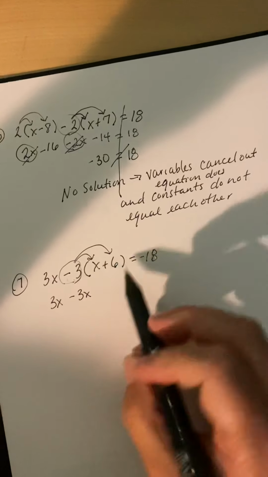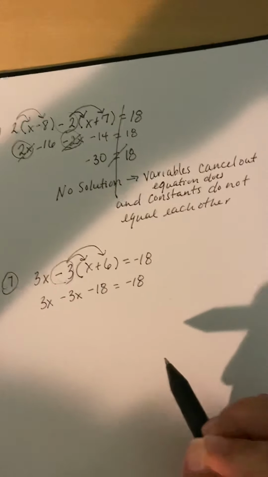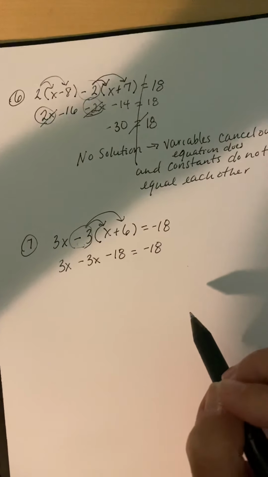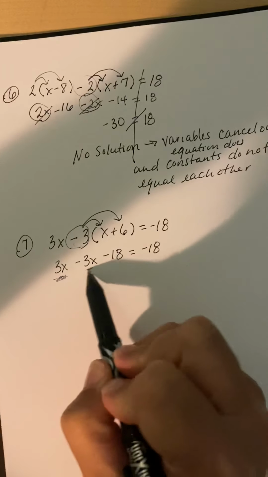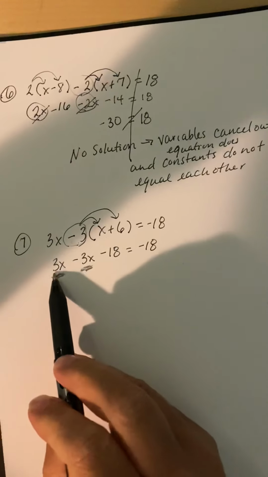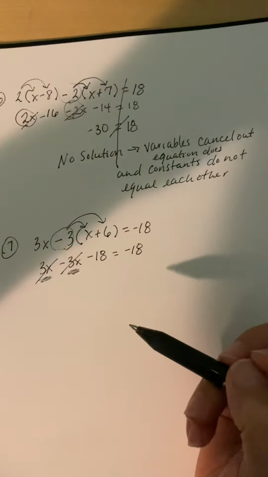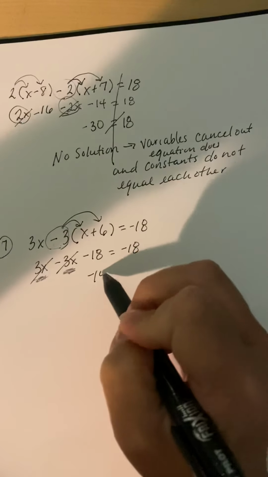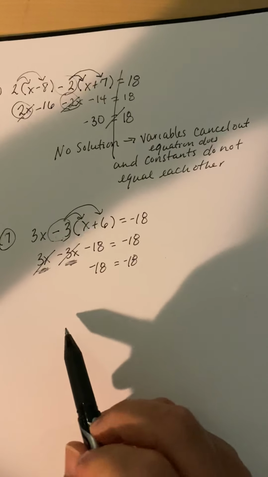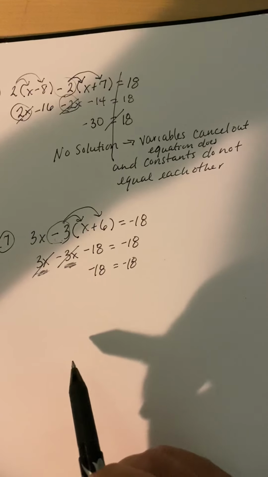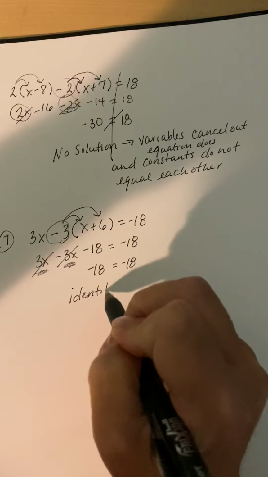Negative 3 times 6 is negative 18 equals negative 18. Second step says for us to combine like terms. And our 3x and our negative 3x can combine. So 3x minus 3x is 0. Those cancel out once again. But you're left with negative 18 equals negative 18. And you need to ask yourself this question: does negative 18 equal negative 18? The answer is yes. So this is called an identity.